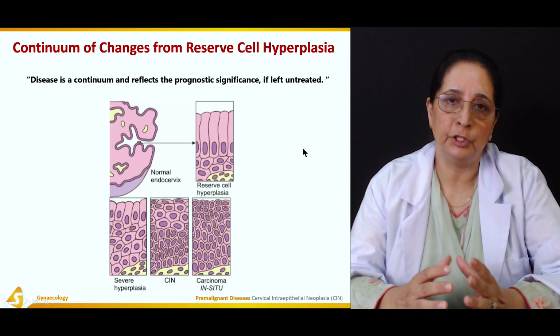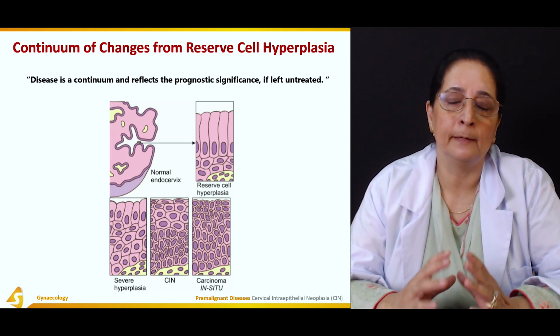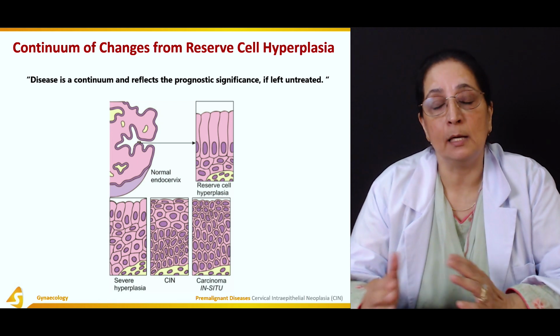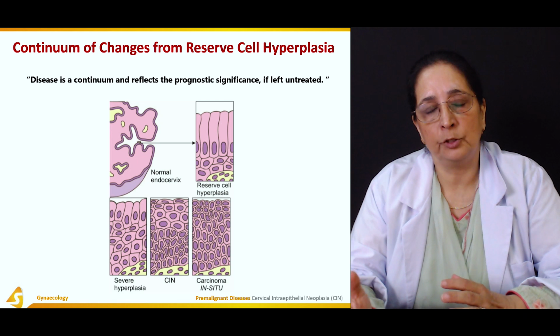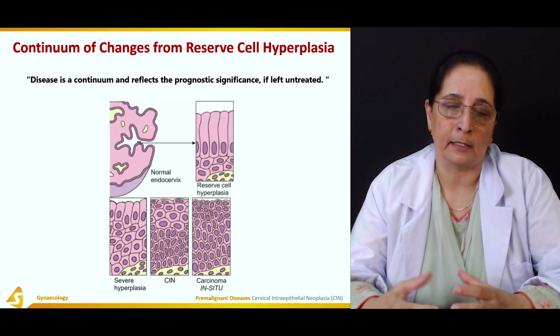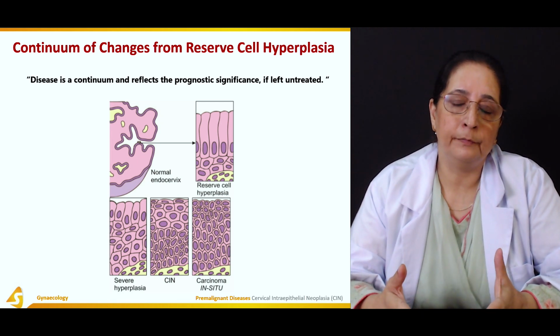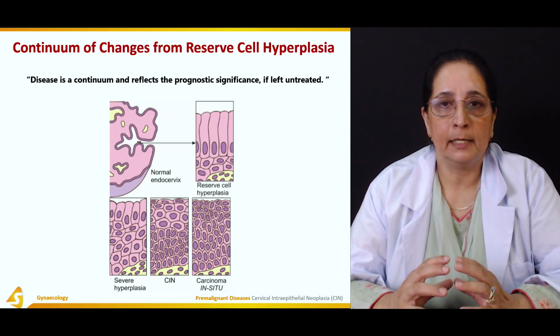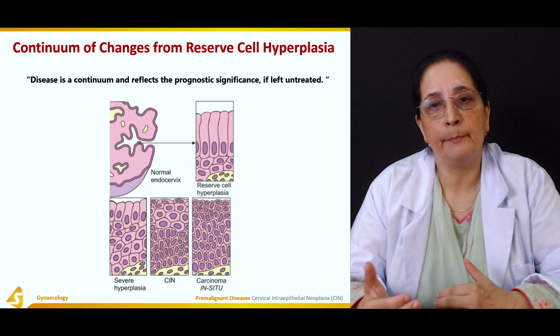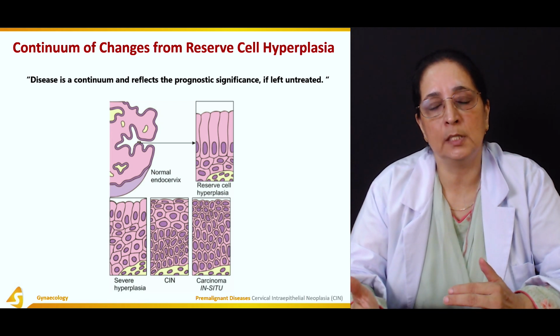As we mentioned in the previous slide, it takes about 10 to 30 years to actually become the invasive cancer. So if the condition is diagnosed early and treated, then we can prevent the progression of the disease to the cancerous stage.